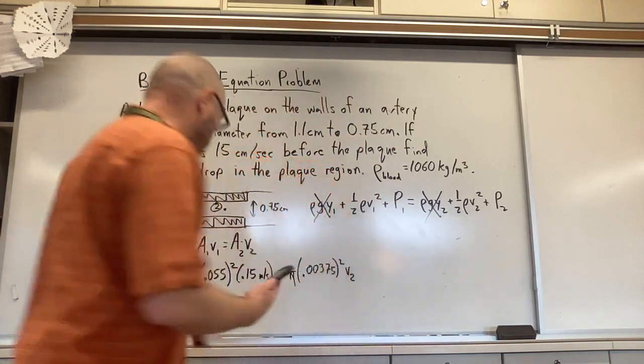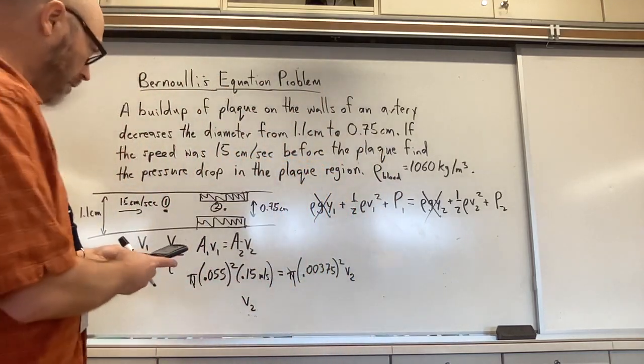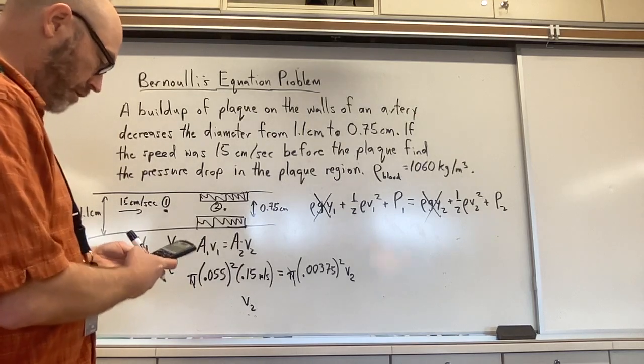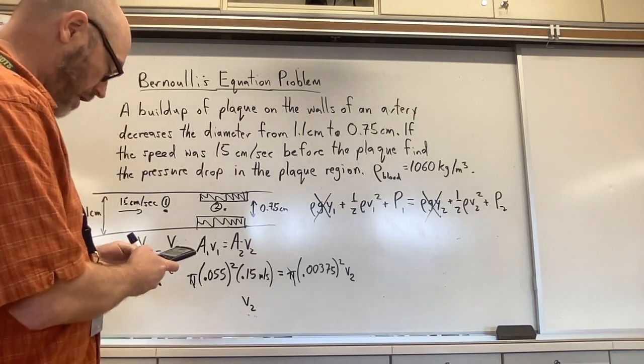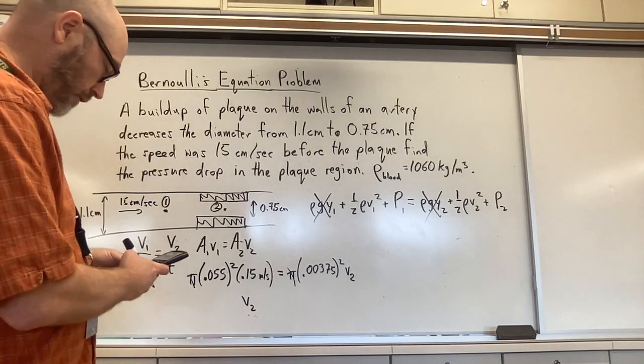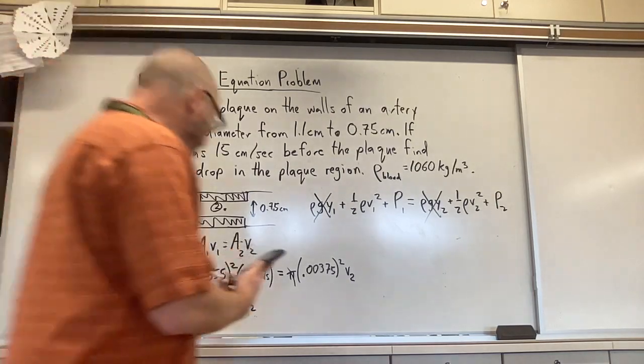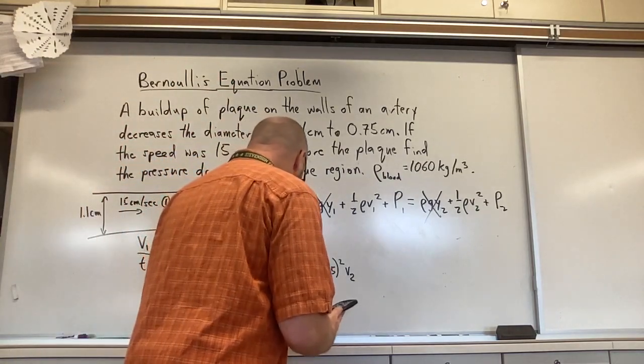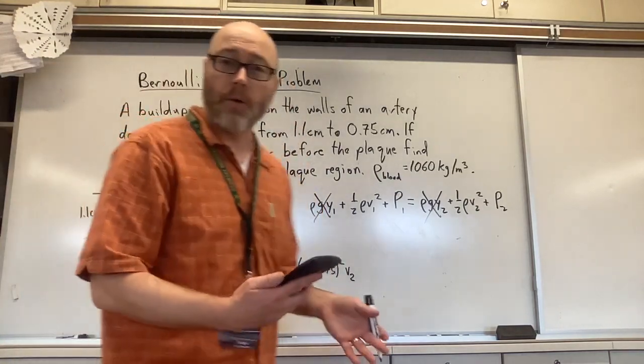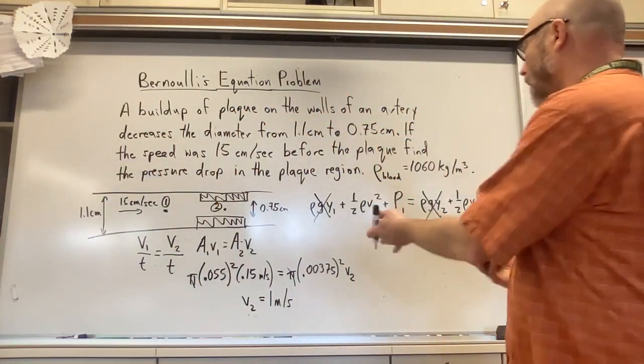Pi's go away, and then if you do the math, I get 0.055 squared times 0.15 divided by my previous answer. I get 1. Wow, that's amazing. All right, I get 1.